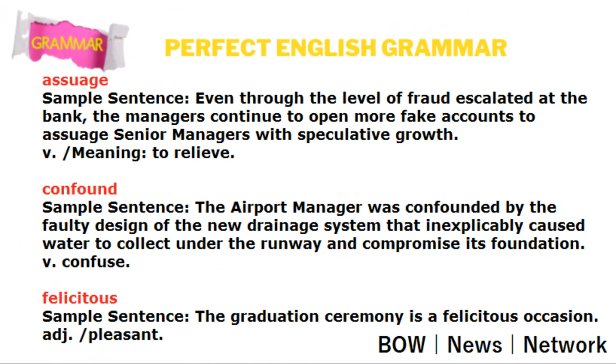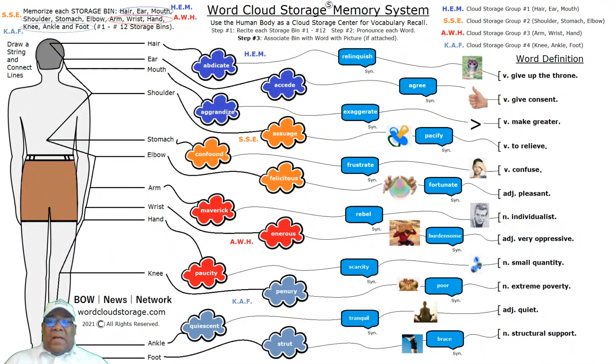Even though the level of fraud escalated at the bank, the managers continued to open more fake accounts to assuage senior managers with speculative growth, meaning they were covering up the negativity with speculative positivity, making things from bad to worse. In this case, assuage means verb, to relieve. And it's attached to a synonym, pacify, and we have the pacifier.